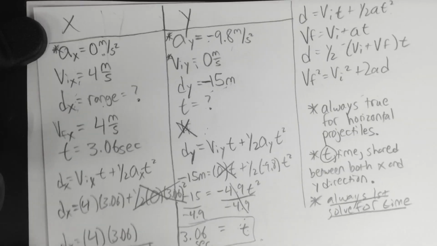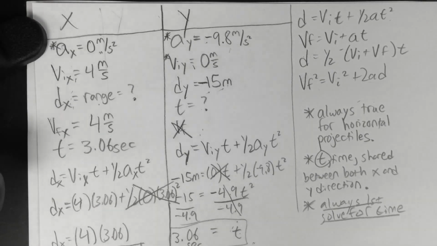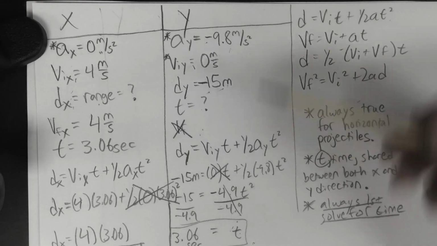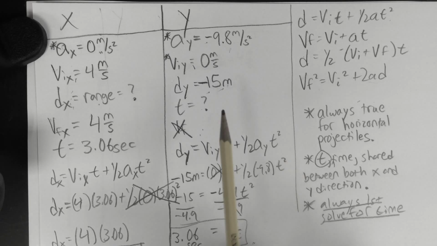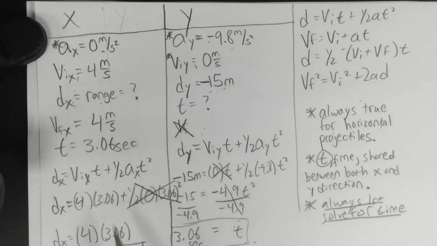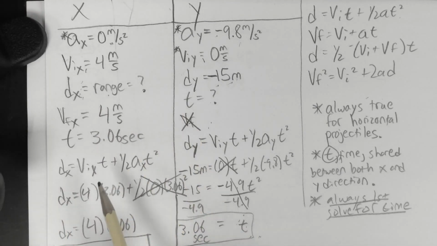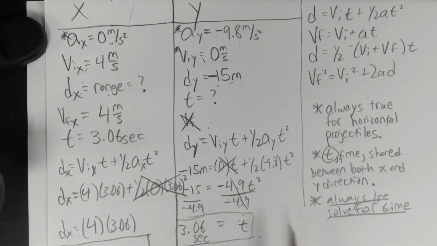Wow. So there's always two calculations for a horizontal projectile. One in the x column and one in the y column. The first thing you need to do is find time. And then you can solve for what you're looking for in the other column. So we found time in the y, then we found range in the x. Sometimes you're going to find time in the x and then find a height or something like that in the y direction.